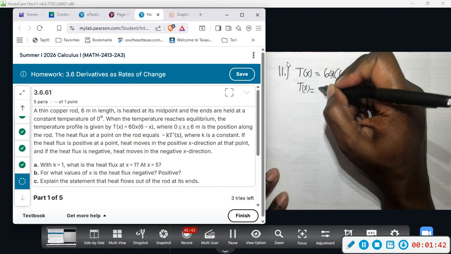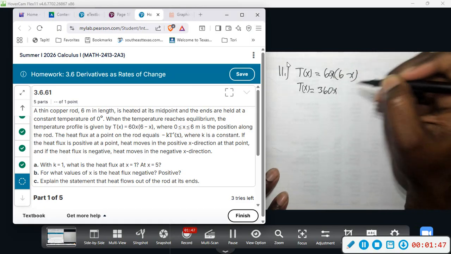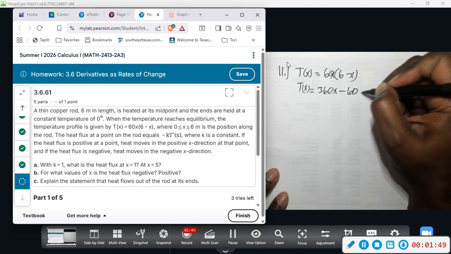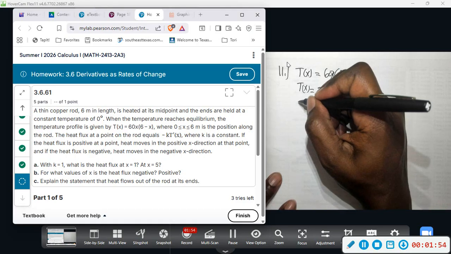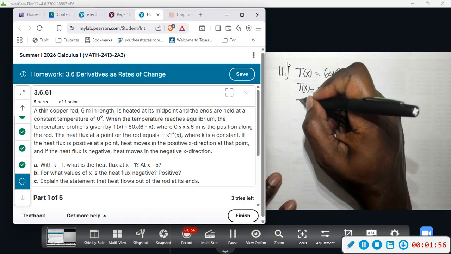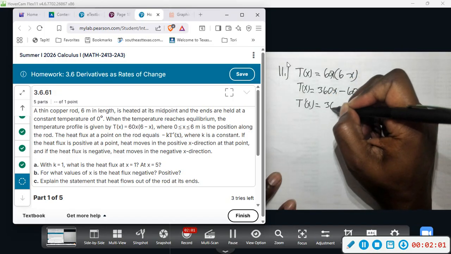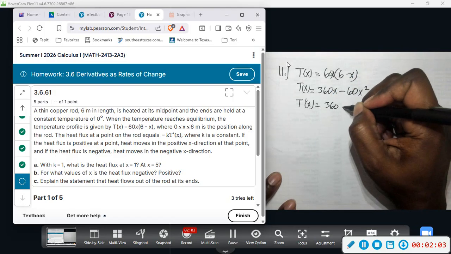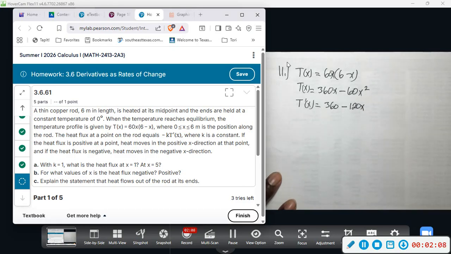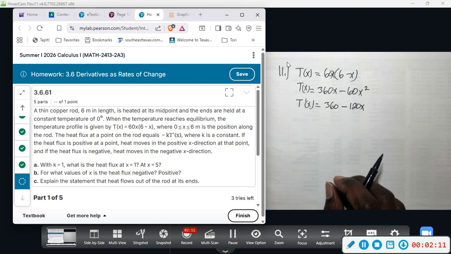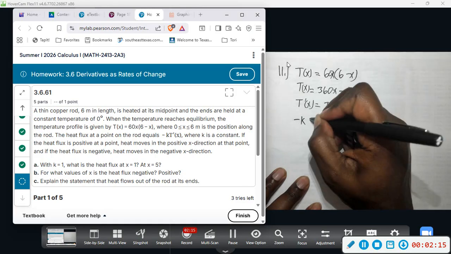That's going to give me 360x minus 60x squared. I'm also going to find T prime. It's going to give me 360 minus 120x. And we are going to need the heat flux, which is going to be negative K times this T prime.